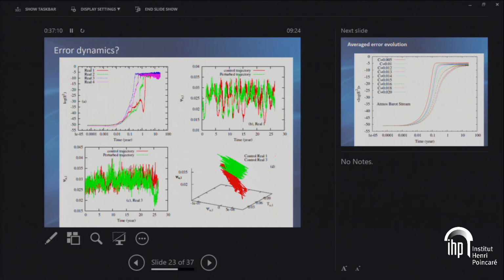Here you have 4 different realizations of the error evolution. You have the red one, which is in fact close to this situation where you have this coherent evolution between the ocean and the atmosphere. This is close, in fact, to an unstable periodic orbit. And in this case, you keep quite good predictability for very long times.